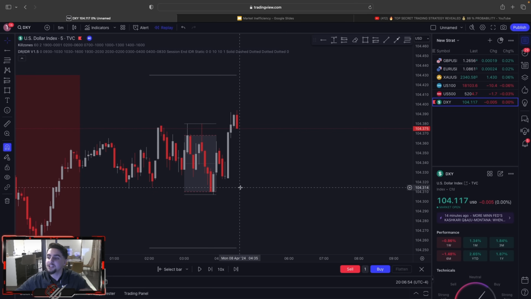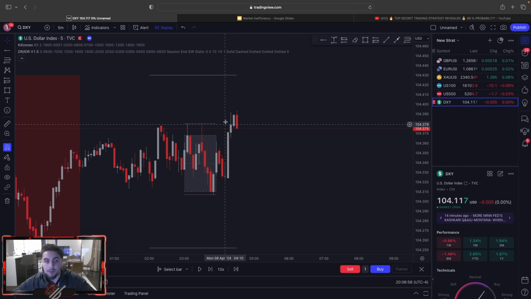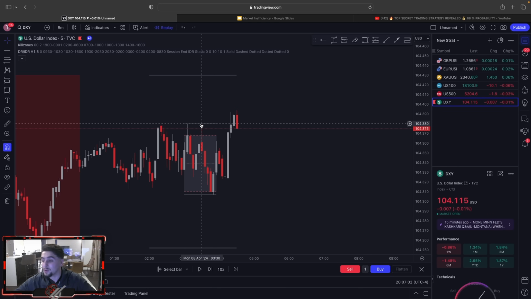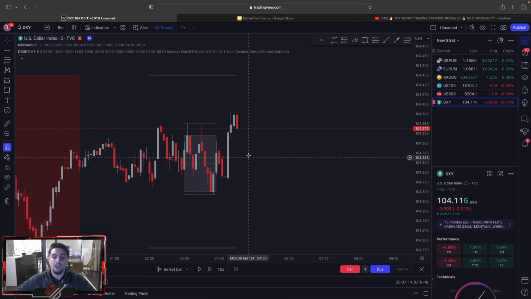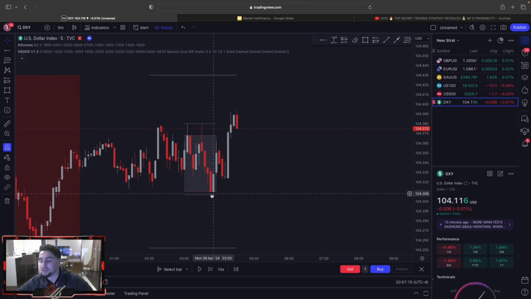This has officially given us a bias which has 88% certainty. Because it has now closed bullish outside of the defining range, we know that we should only be looking for buys. We shouldn't be looking for shorts because this is now the confirmed low.